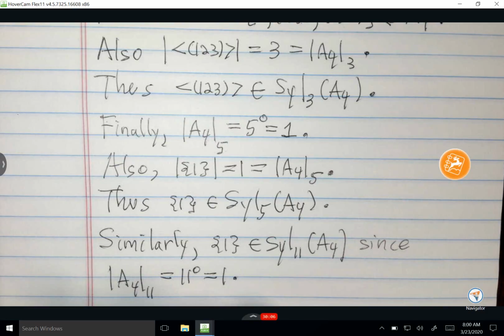But yeah, in our next lecture we'll set out to prove what Ludwig Sylow proved in the late 1800s, that every group, for every prime P, always has a Sylow P subgroup.